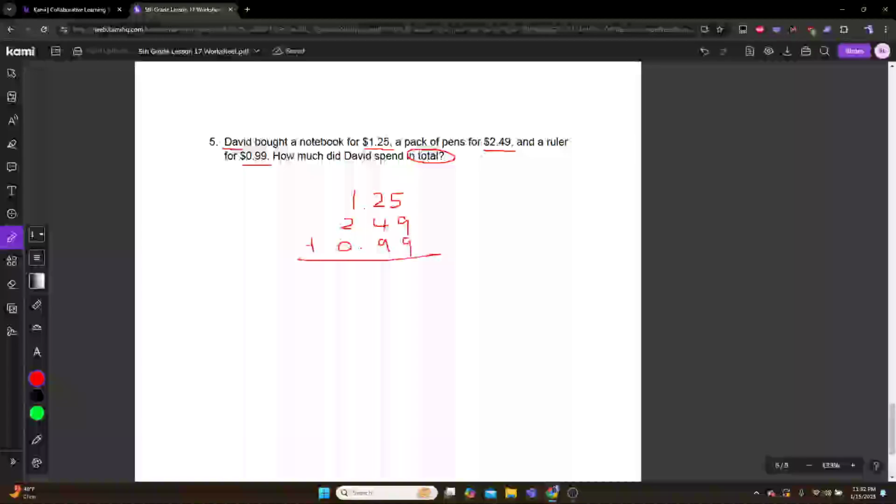So line up the decimal point and add them. So 5 plus 9 is 14. 14 plus 9 is 23. 2 plus 2 is 4. 4 plus 4 is 8. And 8 plus 9 is 17. And 1 plus 1 is 2. Or bring the decimal point down first. 1 plus 1 is 2, and 2 plus 2 is 4. So he spent a total of $4.73.